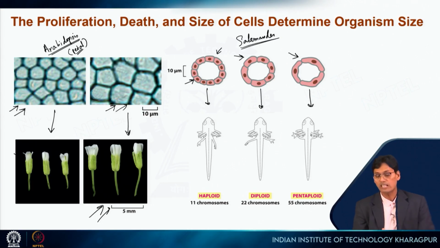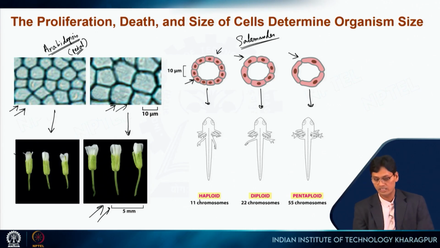If you see the gross anatomy, the whole body of this salamander during the early stages, you will see their overall size and volume are the same. Their renal tube is also the same in terms of size and volume. But the number of cells gets lower when the ploidy number is more.